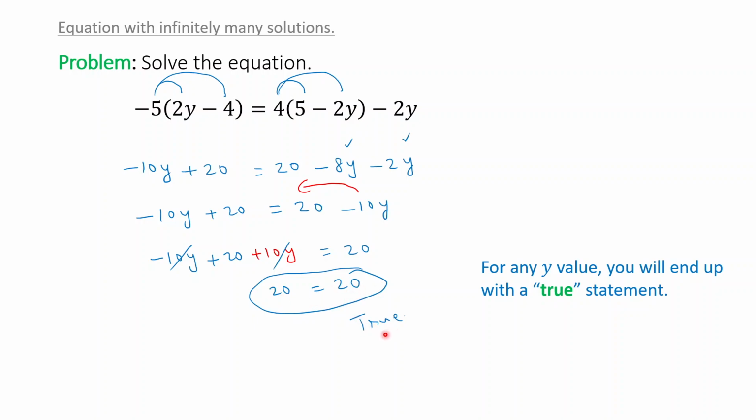This is true. So, this equation has infinitely many solutions. This is the answer.